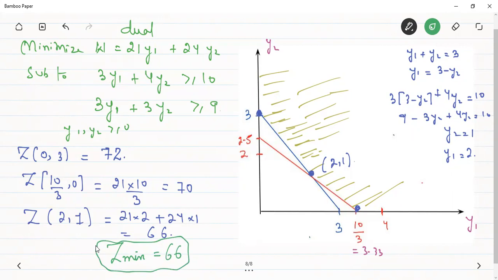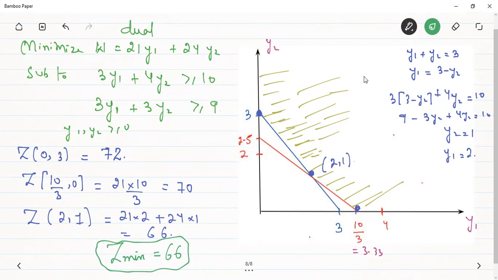So actually in the original problem, I had the maximization problem whose maximum value came out to be 66. I converted it into a minimization problem whose minimum value came out to be 66. Therefore, the original problem is known as the primal.